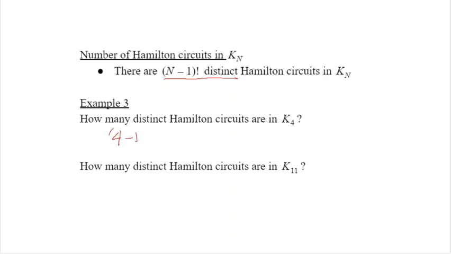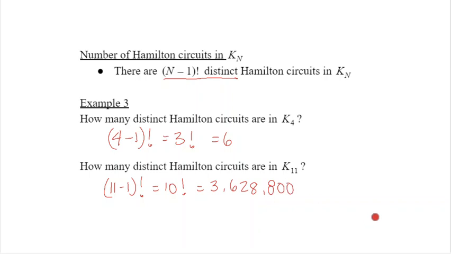Well, we have 4 minus 1 factorial, or 3 factorial, which is 6. And we will come back to this example on the next slide. What about in K11? 11 minus 1 factorial is 10 factorial, which is 3,628,800.